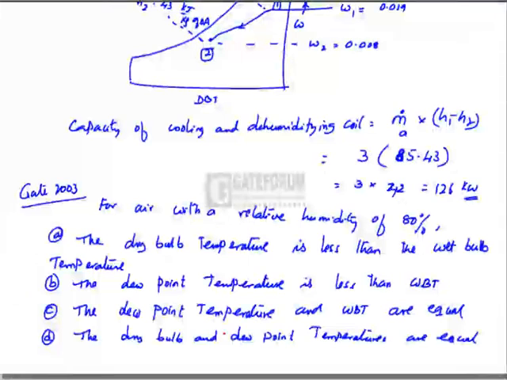Because the RH is less than 100%, it means the air is unsaturated.